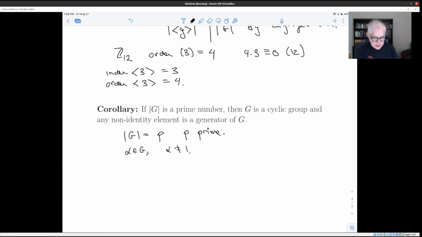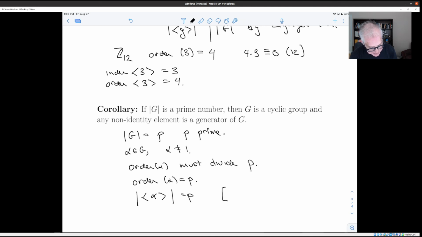Then the order of alpha must divide p. And p is prime, and the order of alpha can't be 1 because alpha is not the identity element. So the order of alpha must be p. And that means that the cyclic subgroup generated by alpha has p elements.